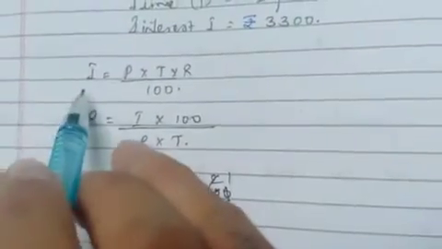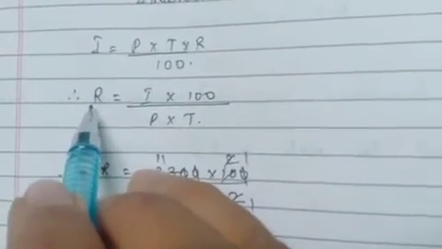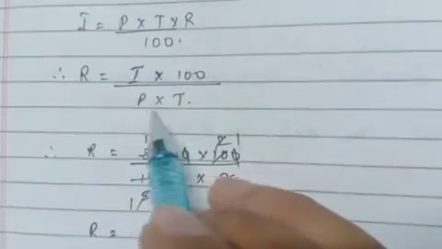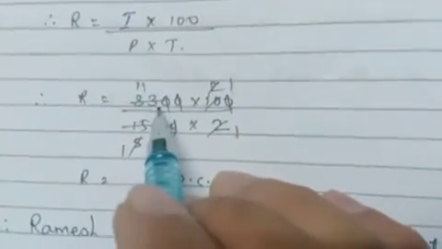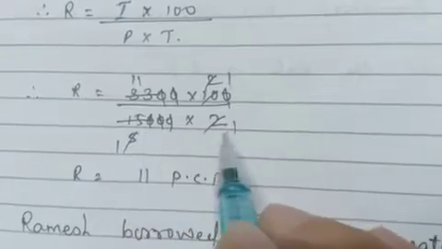We have the formula interest is equal to P into T into R upon 100. So we will calculate rate of interest. So R is equal to I into 100 upon P into T. We know P is principal, T is time, I is interest. So R is equal to interest, that is 3,300 into 100 upon principal 15,000 into 2.